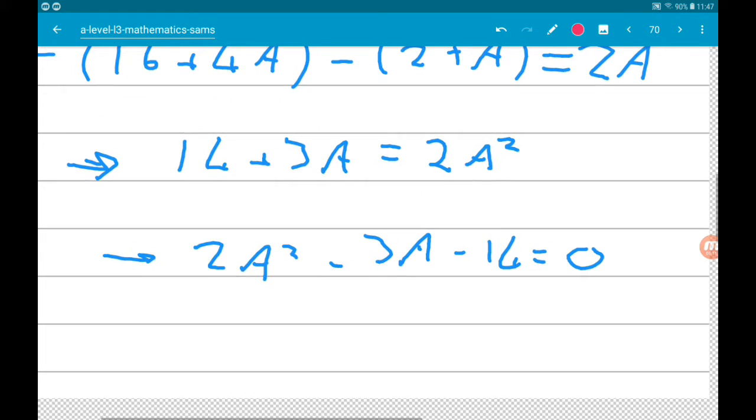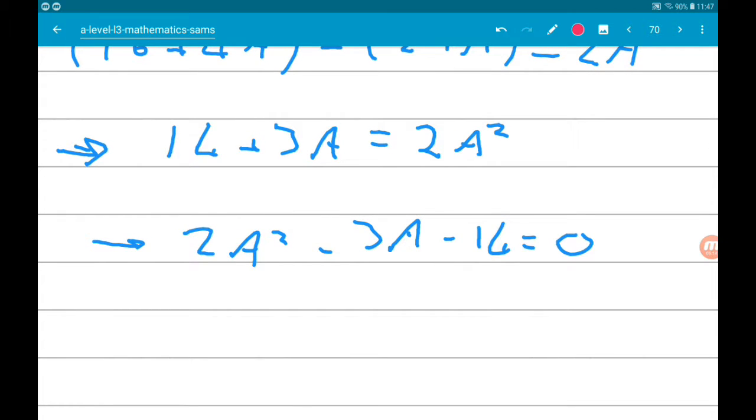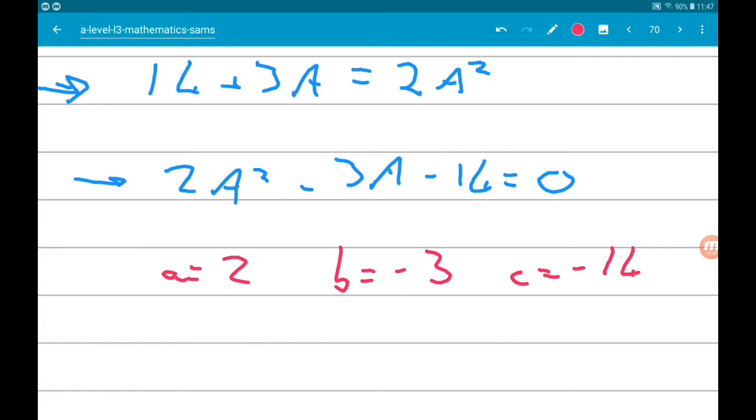So, little a is 2, b is minus 3, and c is minus 14. Which means then b squared minus 4ac is minus 3 squared, so 9, minus 4 times 2 times minus 14.